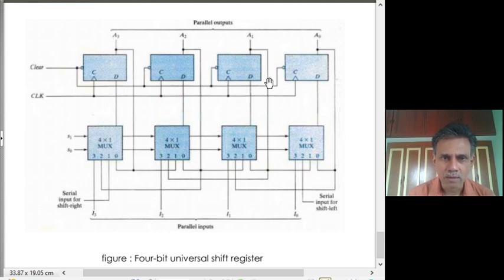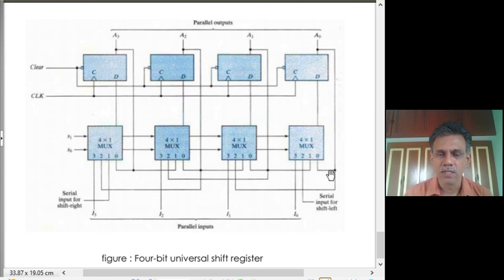Similarly, A1 goes to the second input of the mux controlling A2, and so on. And the output acts as a serial input as well as the serial output. You can also take the serial output directly from A0 or A1 as the desired case may be.